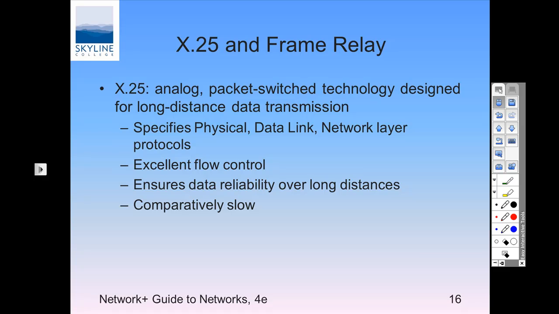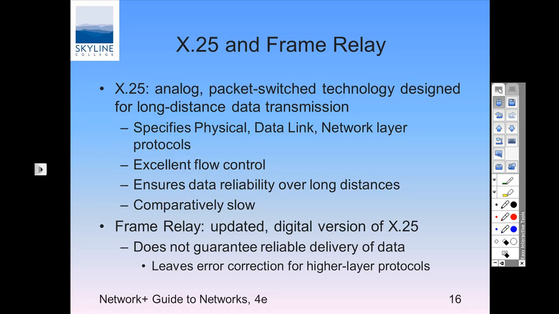Flow control, data reliability, comparatively slow. When you do the Cisco course, you'll do a frame relay configuration. Frame relay is the digital version of X.25. It does not guarantee reliable delivery of data.